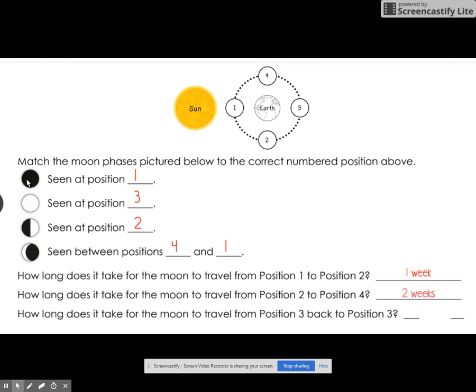So if I travel from one main moon phase to another main moon phase, it's going to take 1 week. If I'm skipping one, it's going to take 2 full weeks. How long does it take for the moon to travel from position 3 back to position 3? That's going to take approximately 1 full month, which is the 27.3 days that we mentioned previously.